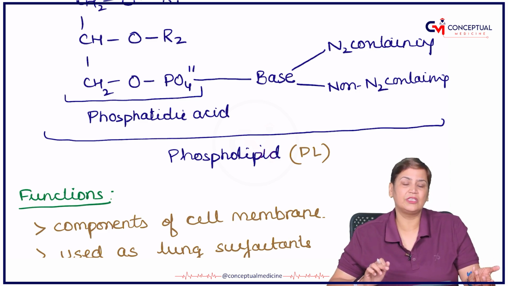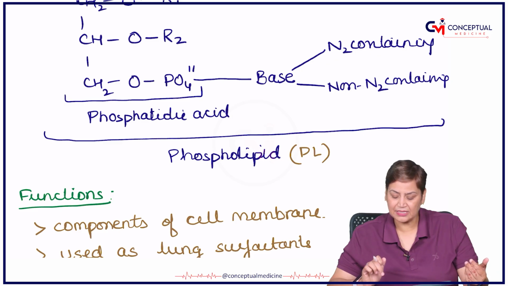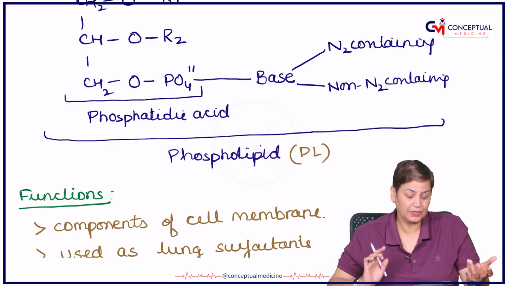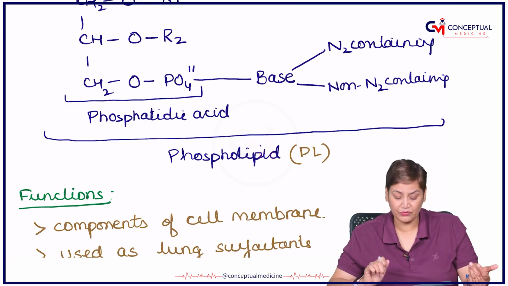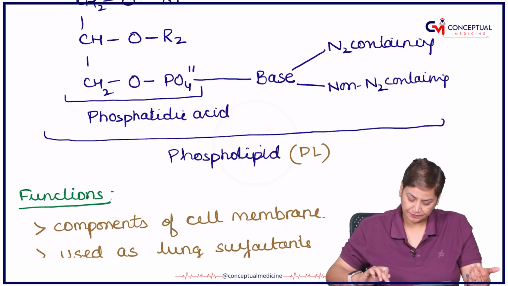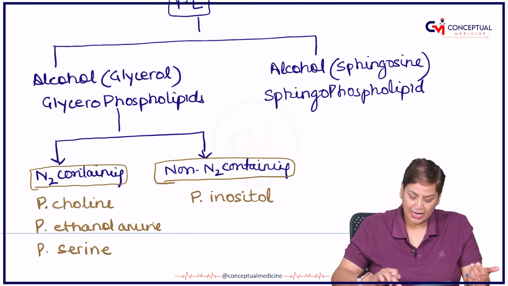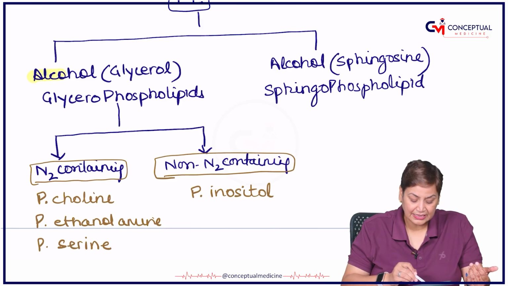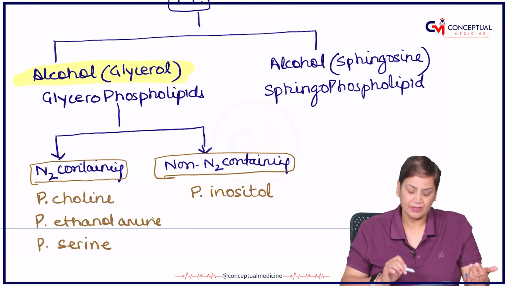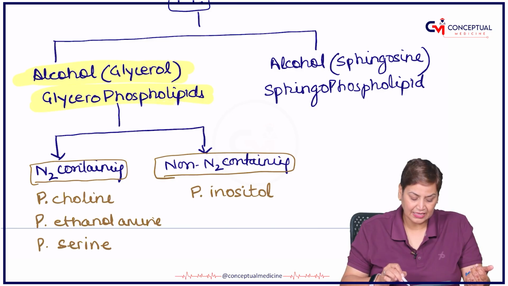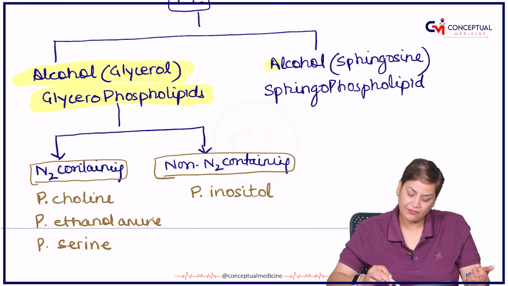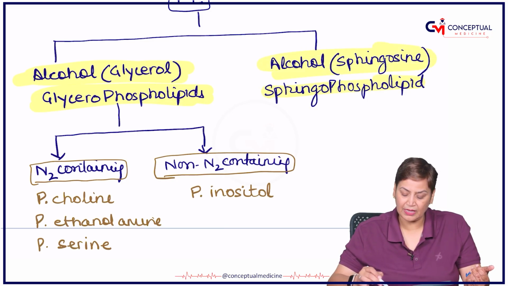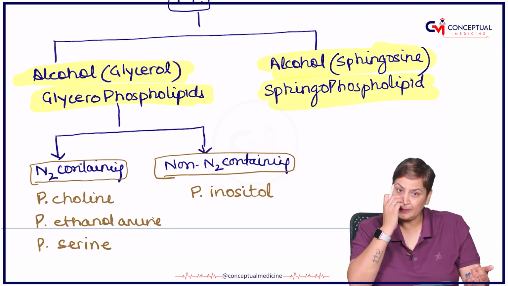In non-nitrogen, the most important example is phosphatidylinositol. There is one more, cardiolipin, which we will be discussing now. And I told you that here the alcohol is glycerol, so that is why glycerophospholipid. And if the alcohol is sphingosine, they will become sphingophospholipid.